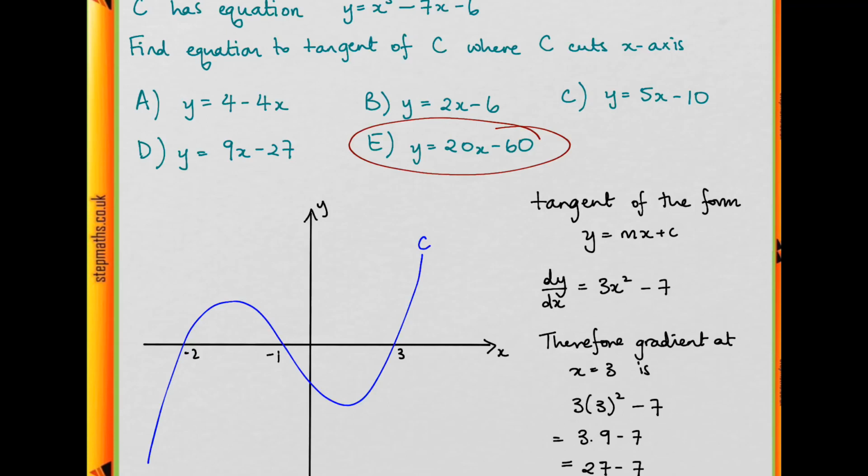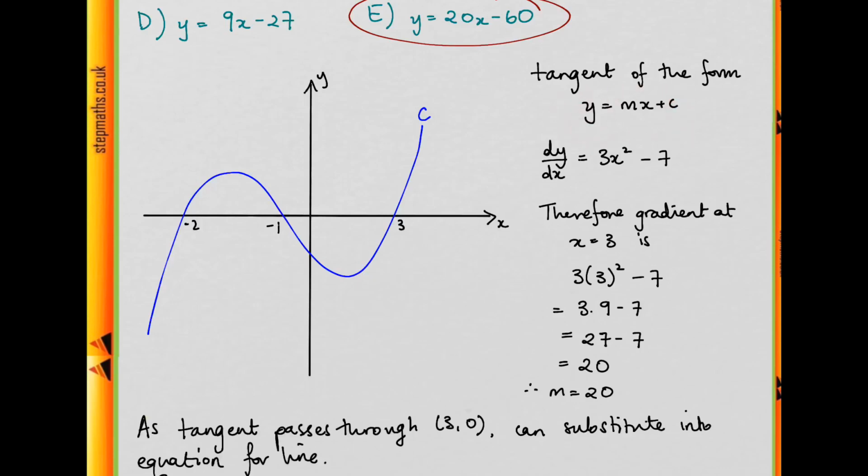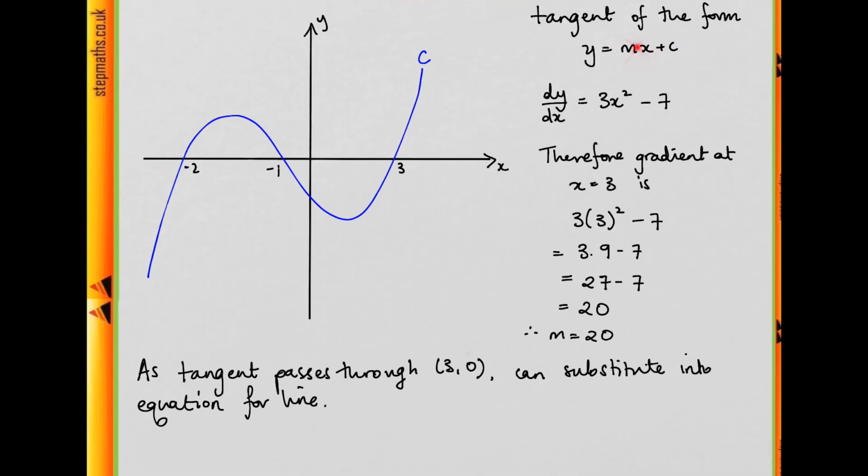Now, if you had time and you wanted to check your answer, you could work out the equation of this fully, and work out c as well. We know that our tangent line passes through the point (3, 0), so we can substitute that into our equation for the tangent.